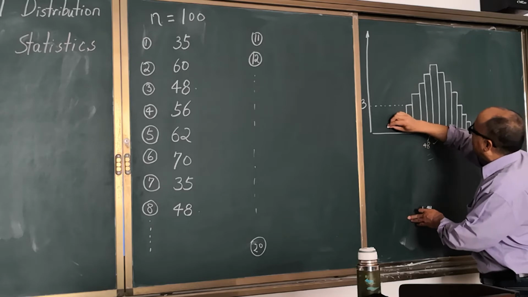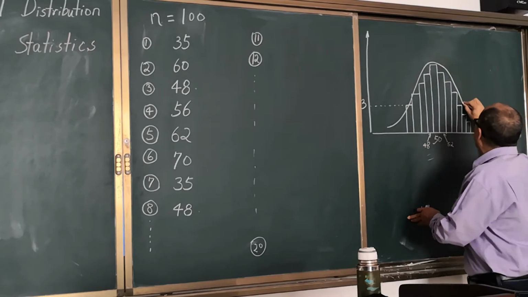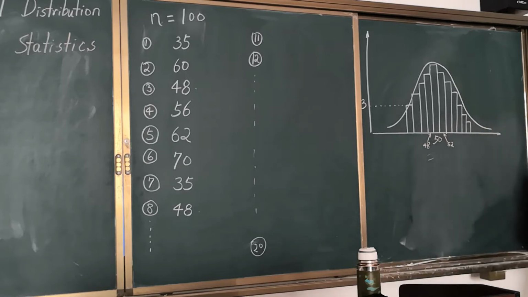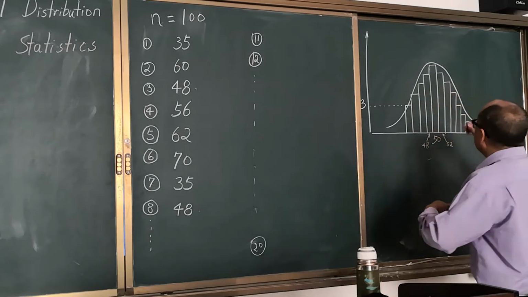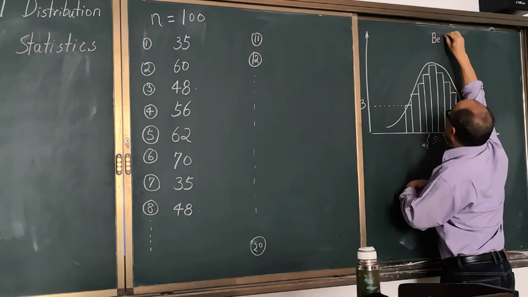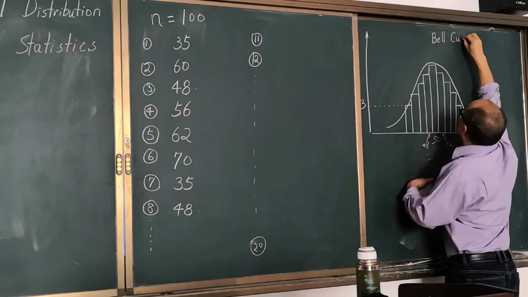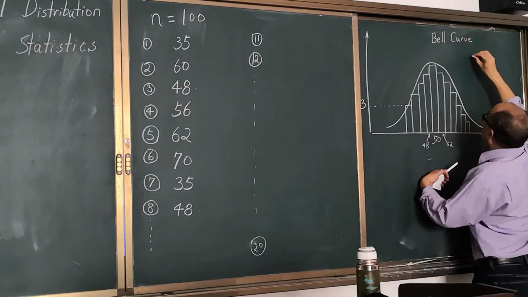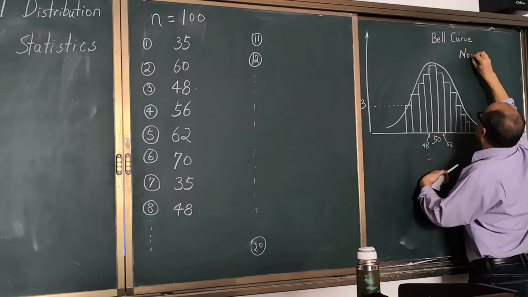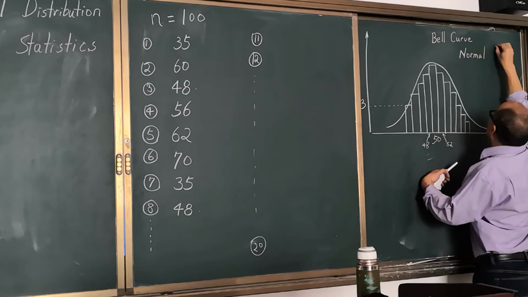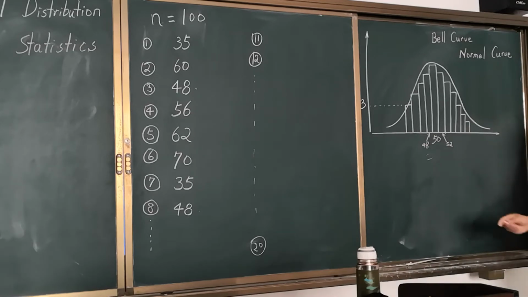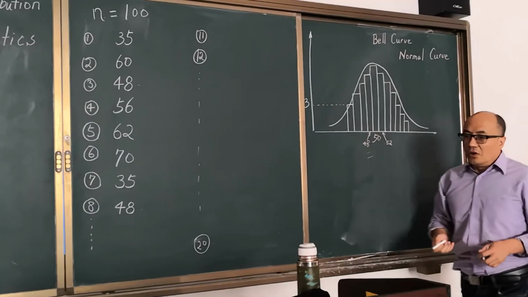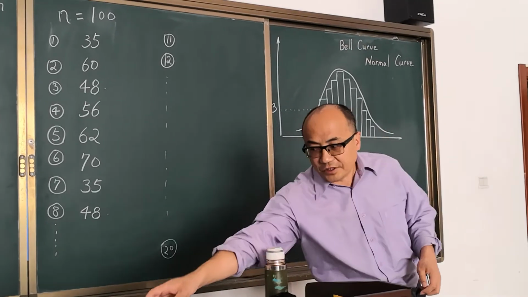And so this is a bell curve. It is also called the normal curve. This happens when anything is random.